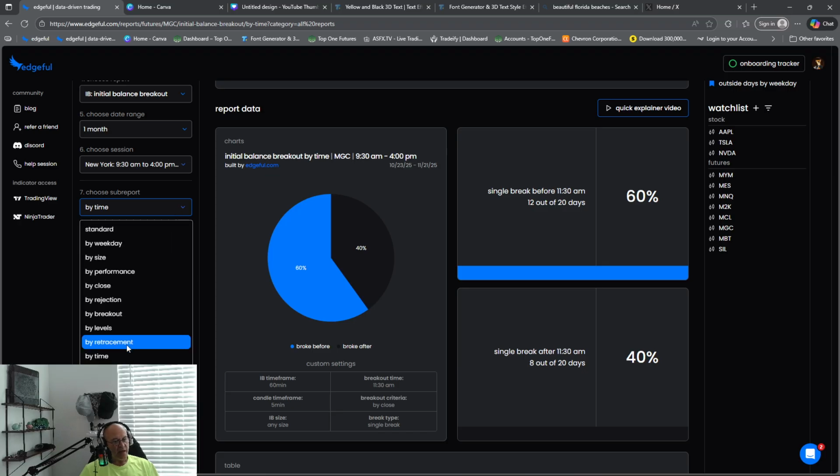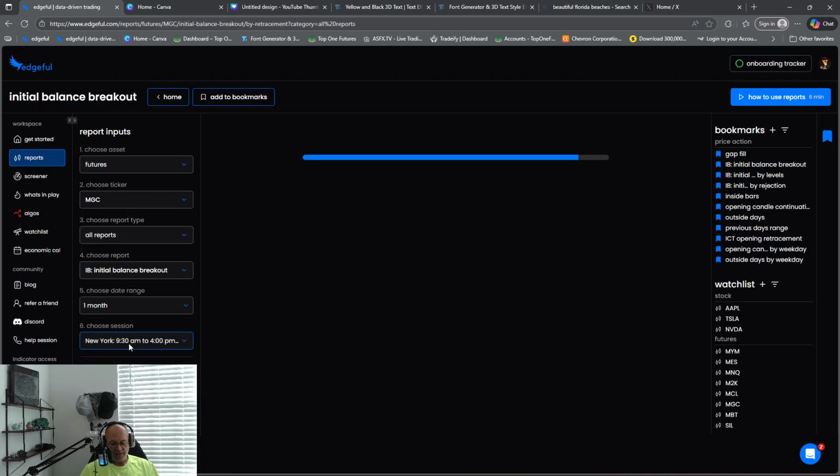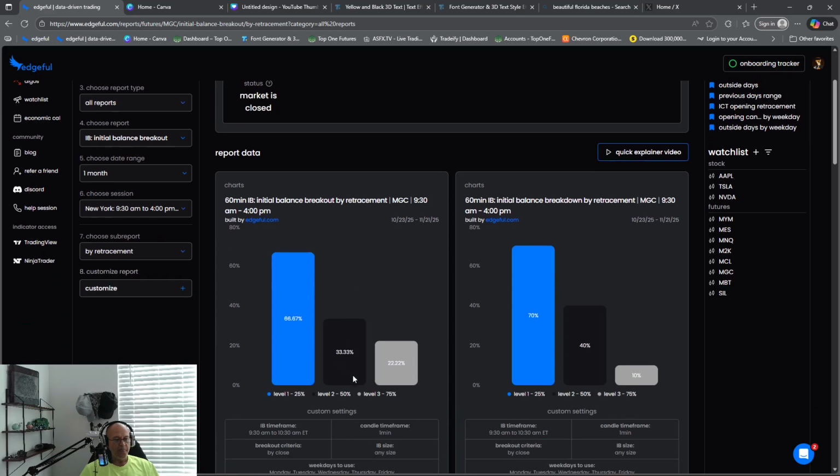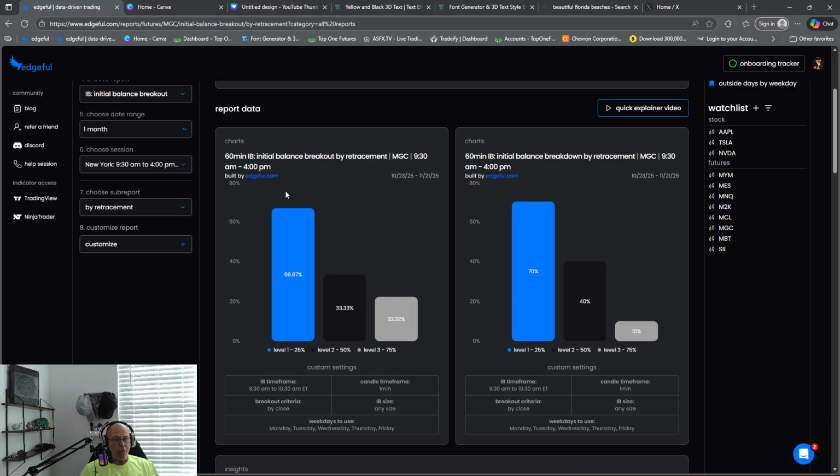So let's go by retracement. Here's an important one. So when we break out to the upside, 66% of the time we are going to retrace back into initial balance to the 25% level. Yeah, 66.